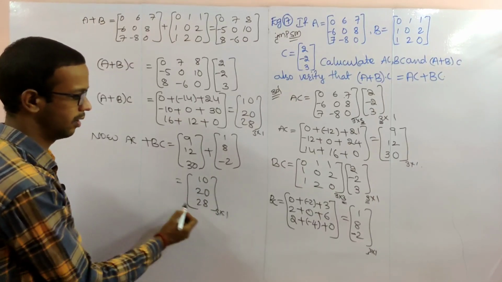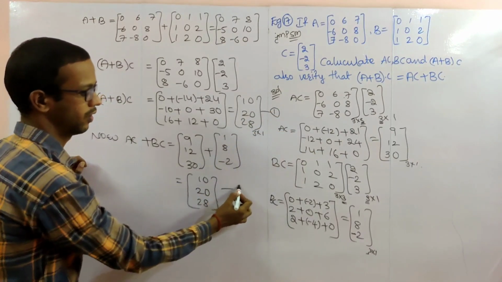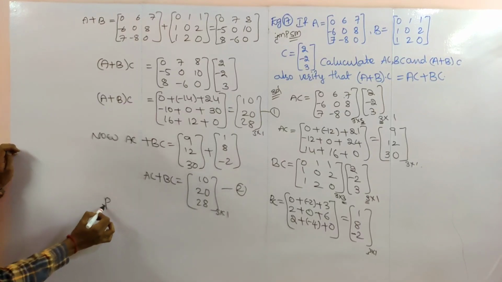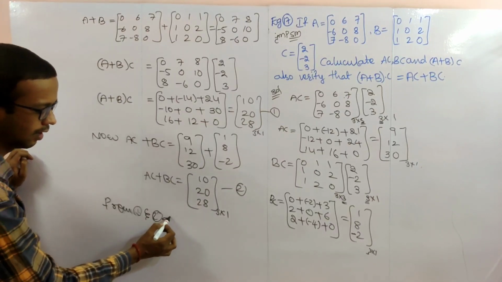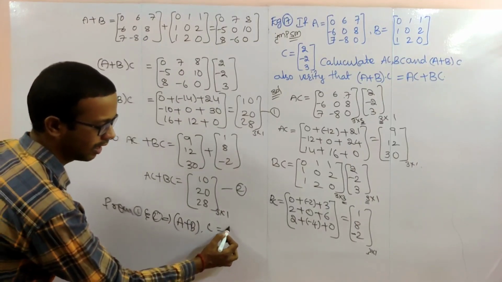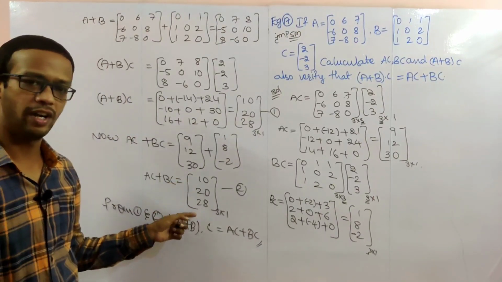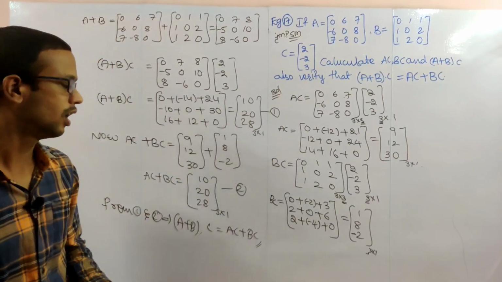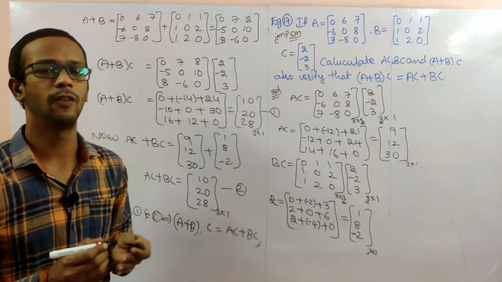This is a 3 by 1. Take this one as equation 1 and this one as equation 2. From 1 and 2, A plus B into C is equal to AC plus BC. Why? Because the right side is 10, 20, 28 and the left side is also 10, 20, 28. So this is called the distributive law. Important for 5 marks question.